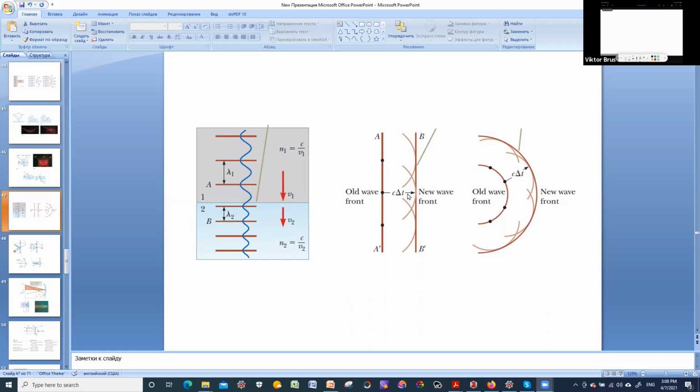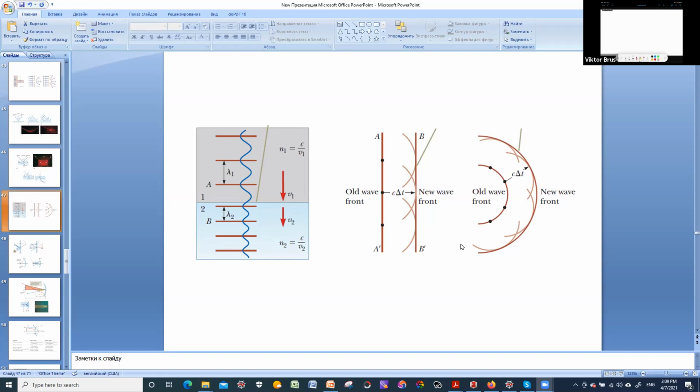In our case, since we are talking about light, in case of free space vacuum, this speed will be equal to the universal constant c, and after some time interval, the new position of the front will be defined as the tangential line passing through these spherical waves.